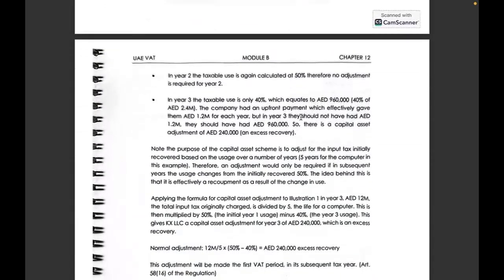But in year three, taxable usage was only 40%, so it is 960,000. What we have already claimed as recovery is 1.2 million, which is higher. So there is a capital asset adjustment of 240,000, which is for an excess recovery. So we have to reverse the benefit.